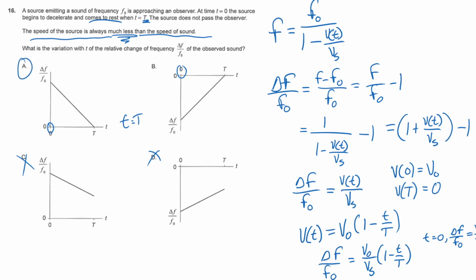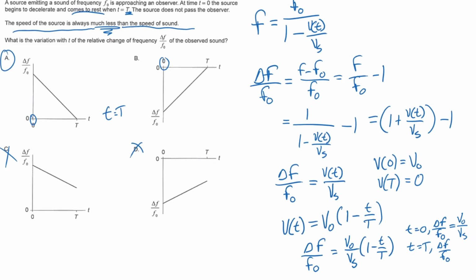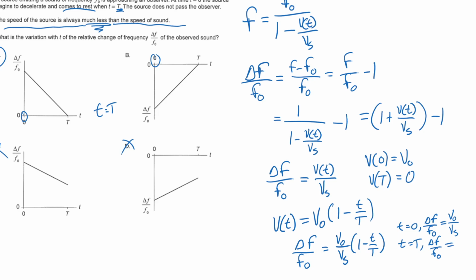And then, of course, when t is uppercase T, then 1 minus 1 is 0. This is all equal to 0, right? And this equation has a negative slope, of course. So the answer is A.